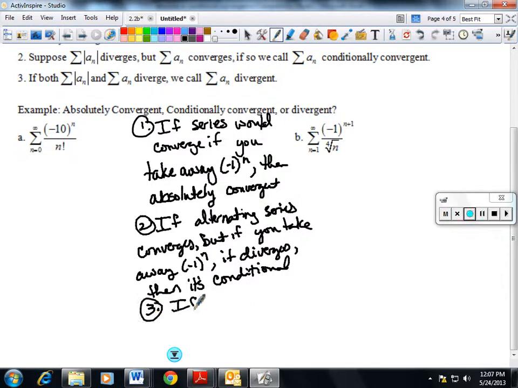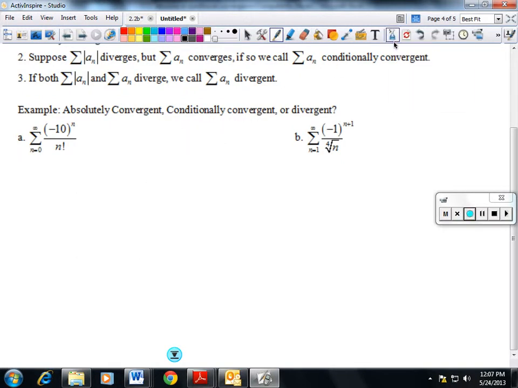And if the alternating series diverges, then the whole thing diverges. Okay, you can pause that if you need to write that down, because it's gone now.